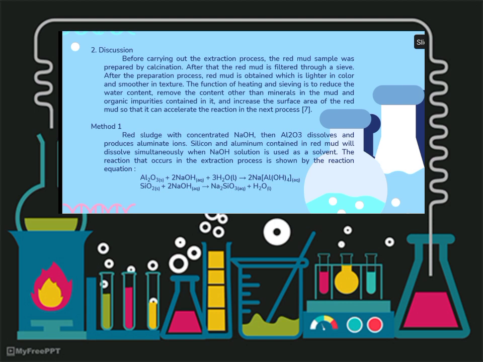Method 1. Red mud dissolved with concentrated NaOH, then Al2O3 dissolves and produces aluminate ions. Silicon and aluminum contained in red mud will dissolve when NaOH solution is used as a solvent. The reaction that occurs in the extraction process is shown by the reaction equation.